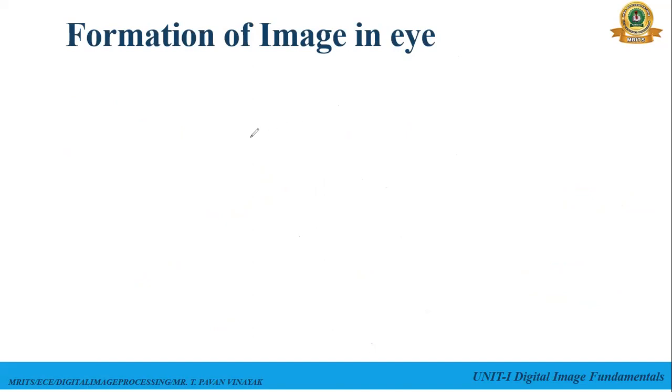If you capture images through a camera, the lens focal length is fixed. It doesn't vary. So to focus an image, we have to vary the distance between the object and the image plane.